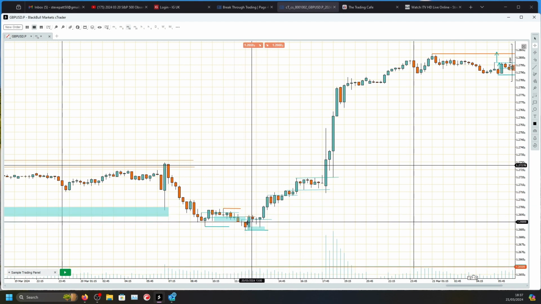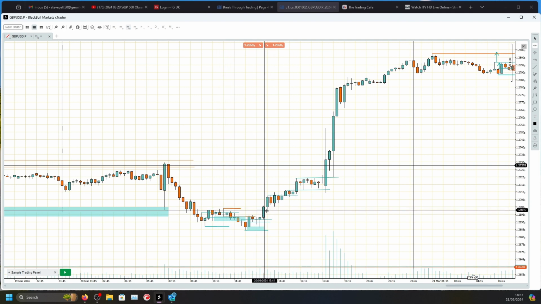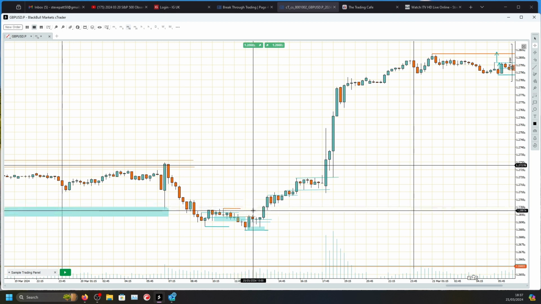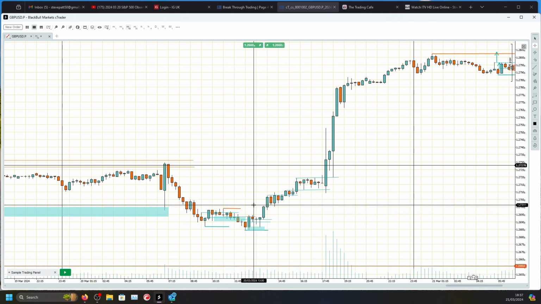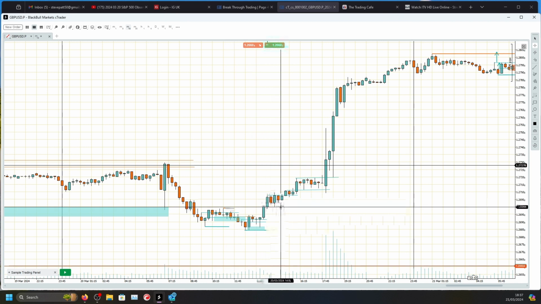Because if you entered short in here, you put your stops up here. Your stops have now been hit. Your buy stops have been hit, and off you go.